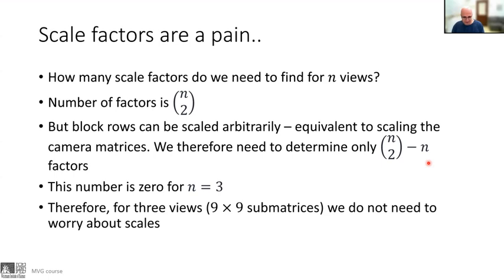Therefore, for 3 views, we do not need to solve for scales.